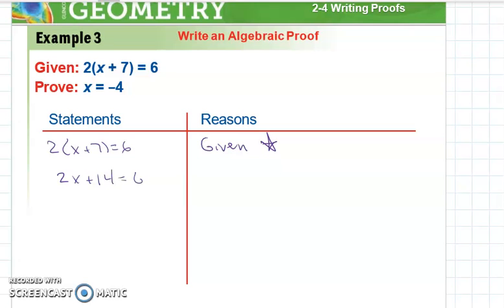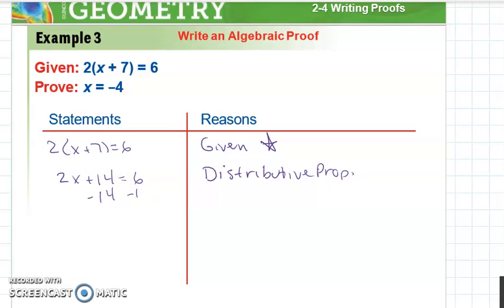Okay, to go from here to this next step, what did we do? This is where we distribute. So I took the 2 and distributed it. The reason why is because I am able to with distributive property. Allows us to do that. Okay, so then from here I'm going to take away 14. But we usually don't show that on the steps.